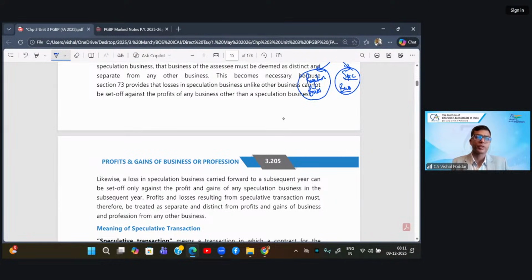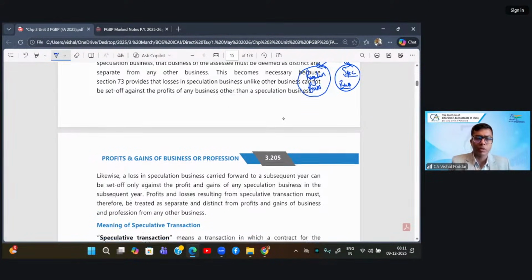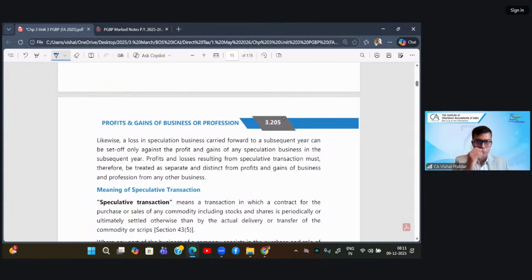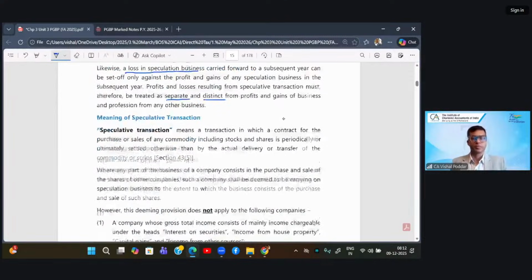So there are a lot of restrictions. Hence, it is important to categorize whether your business is a regular business or a speculative business. As you can see, for loss arising from speculation business, there are many restrictions. Hence, we need to compute this separately, distinctly, and it has been treated as a distinct business.